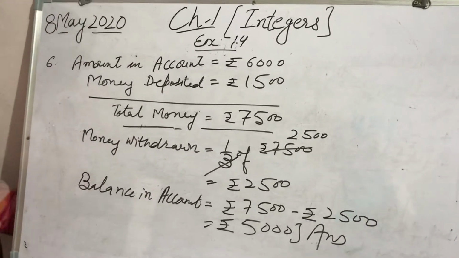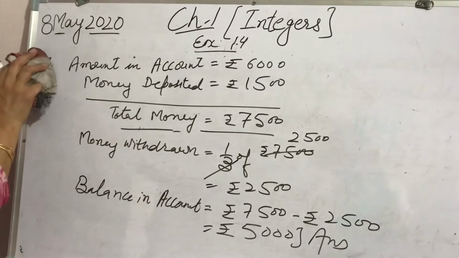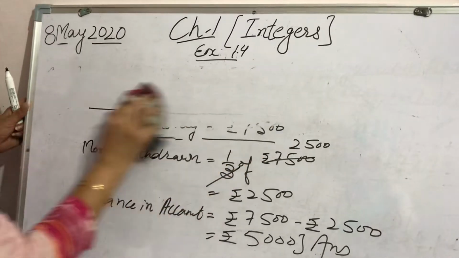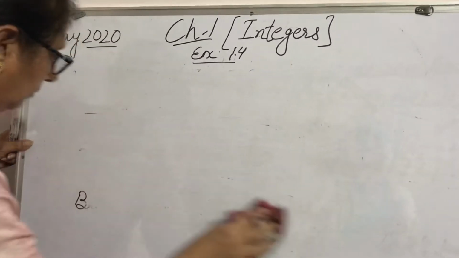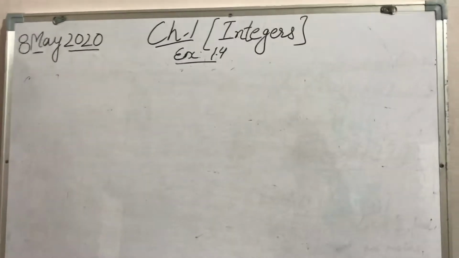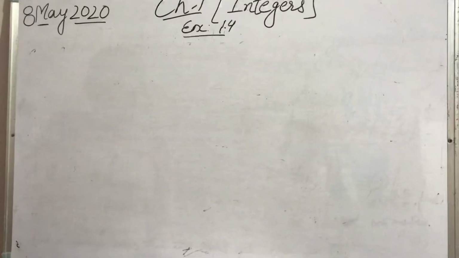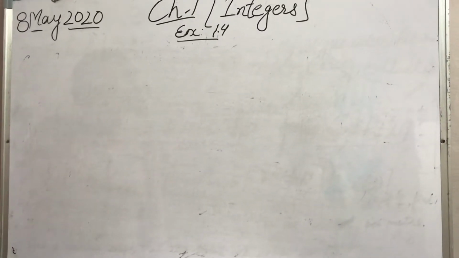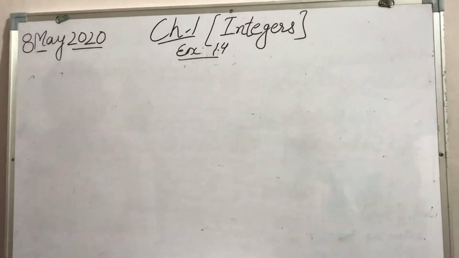So next, question number 7. Seventh, by what number should minus 324 be divided to obtain minus 18? This is very simple, same as question number 3.